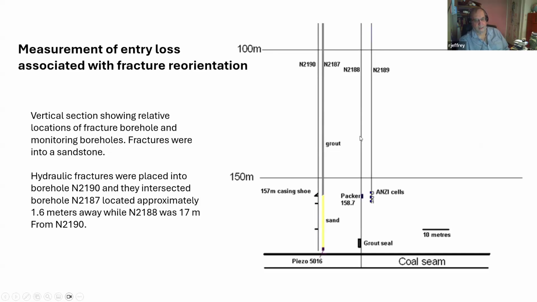And then a second monitoring hole located here and a third monitor hole with stress change cells located in it, as shown on the far right.